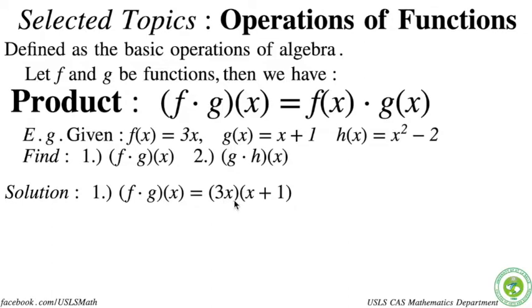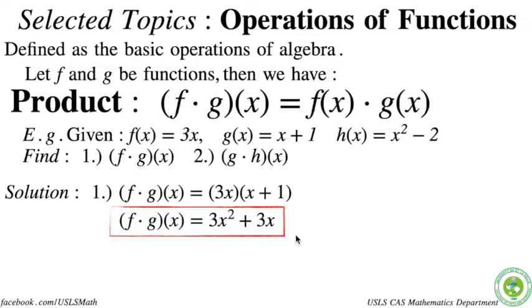Remember our law of product: if we're multiplying two variables, we add exponents. This one has an exponent of 1, this one has an exponent of 1, so that becomes 3x squared. And then 3x times 1 is just the number itself by the identity property of multiplication. So (f times g)(x) is equal to 3x squared plus 3x. And that's our final answer.